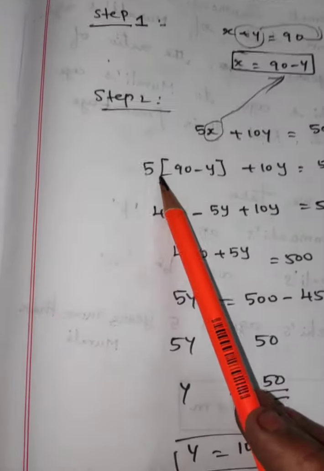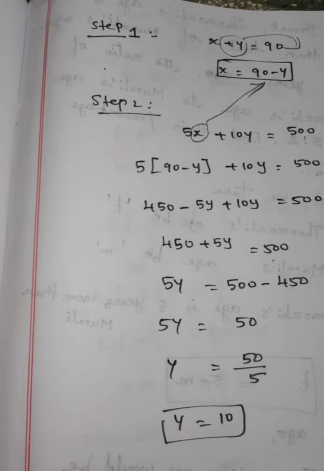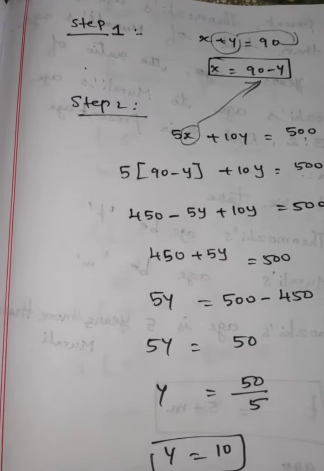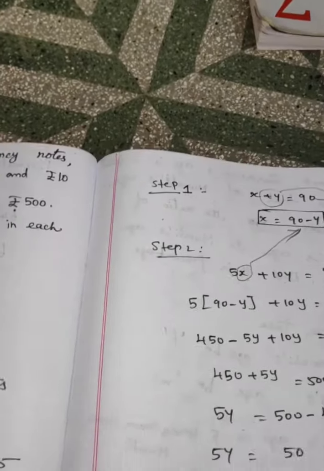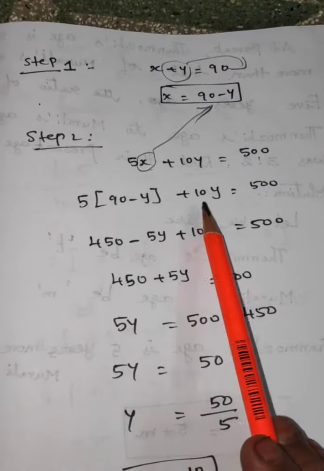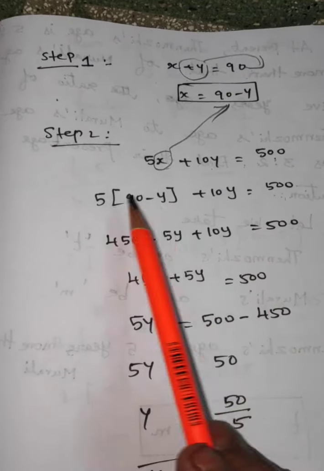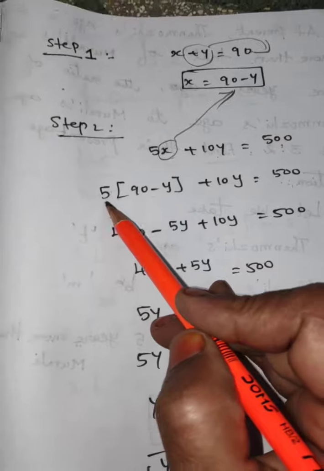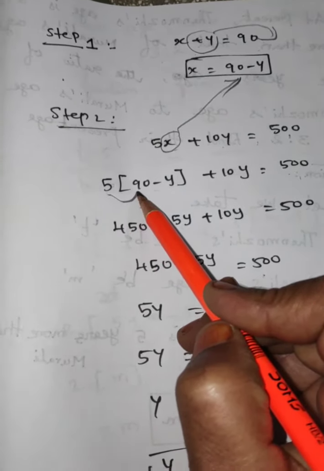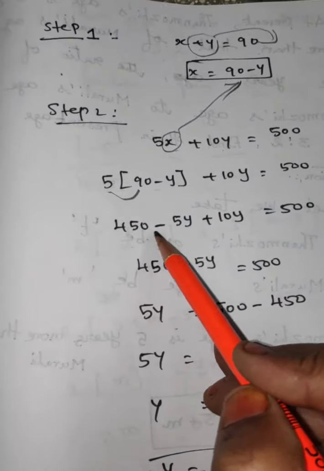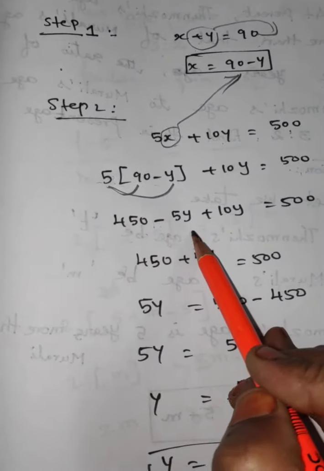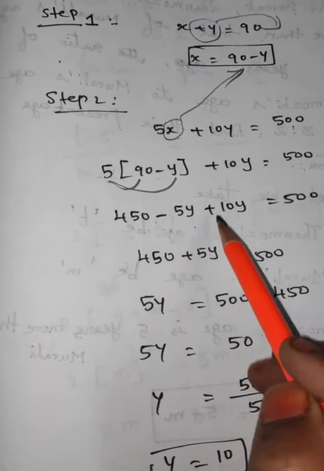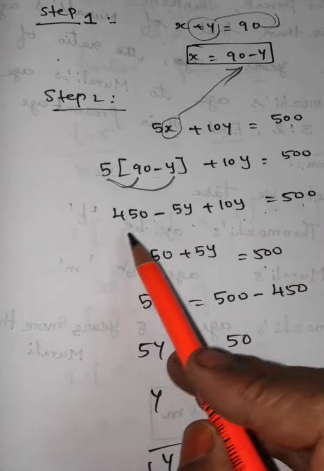So 5 into, start the bracket, 90 minus y, plus 10y equal to 500. Multiply: 5 into 90 equal to 450, minus 5 into y equal to 5y. Remove the bracket, plus 10y equal to 500.